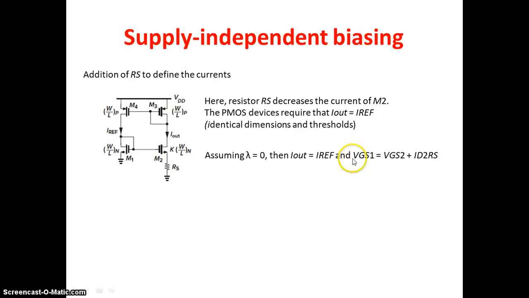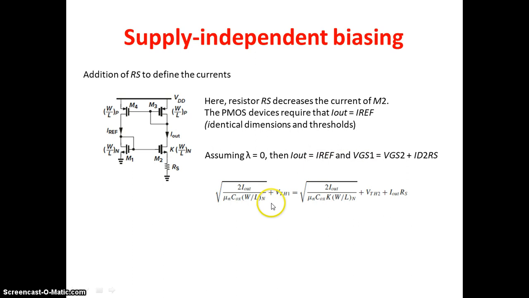Now if we try to write this VGS1 and VGS2 in terms of an ID current expression, as you all know, ID is nothing but mu n C ox into W by L into (VGS minus VTH) whole square. There, if I take VGS, it simply comes out as square root of 2 I out divided by mu n C ox W by L, plus VTH1.